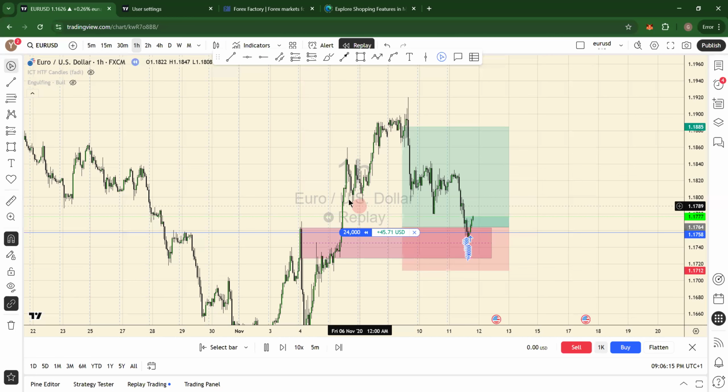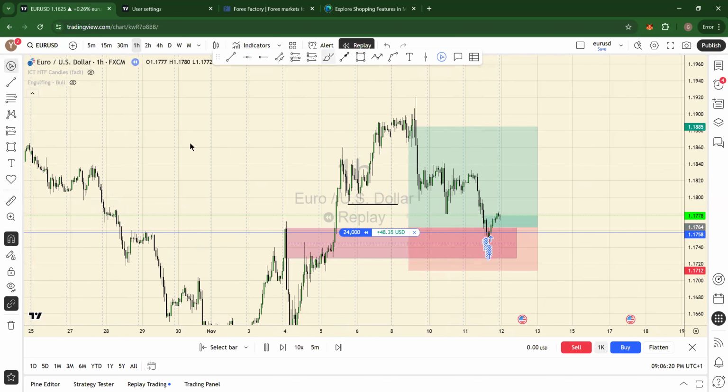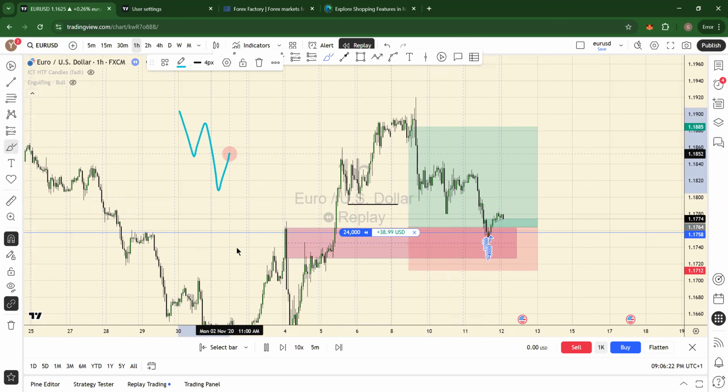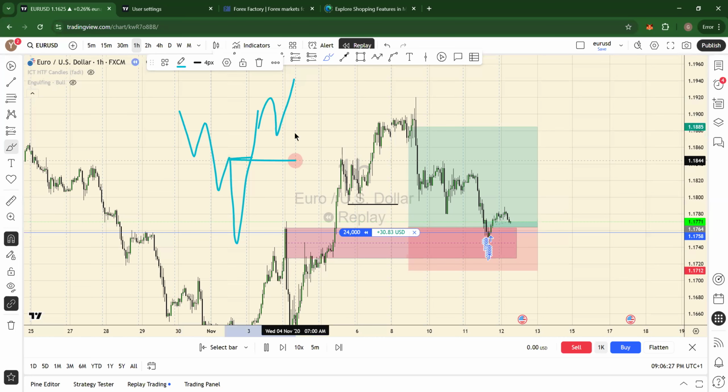Now I mentioned this one. This is an incomplete pullback. If you have your breaker like that, and price gives you an incomplete pullback without coming to touch your breaker, then the price will likely respect the breaker.